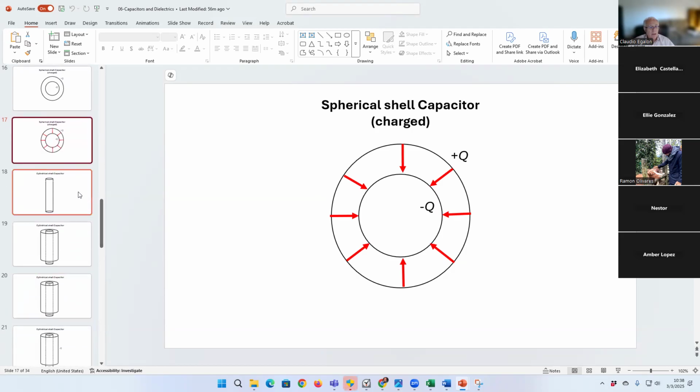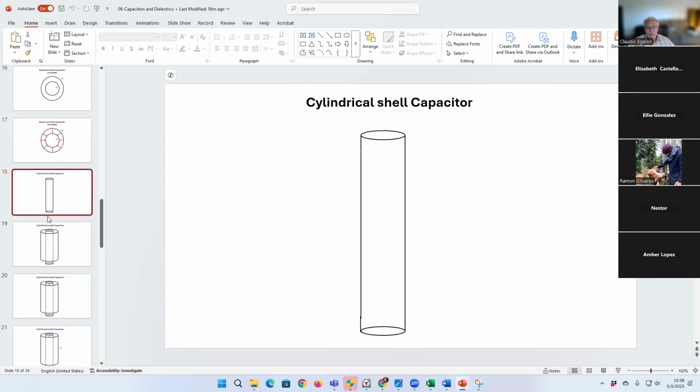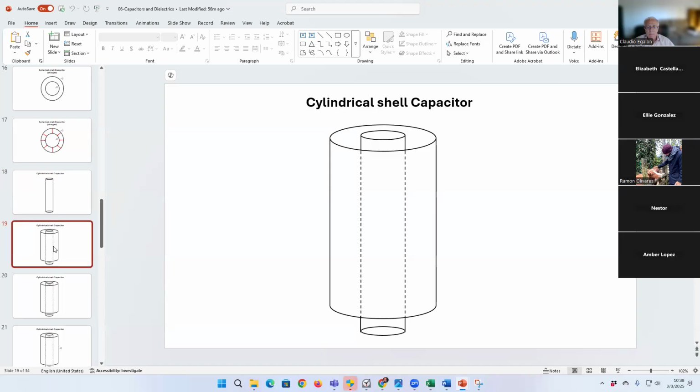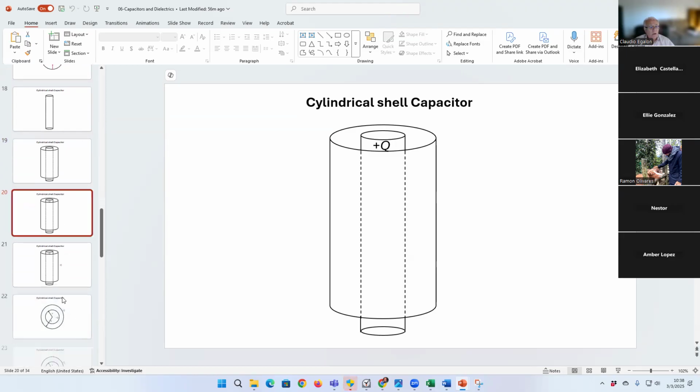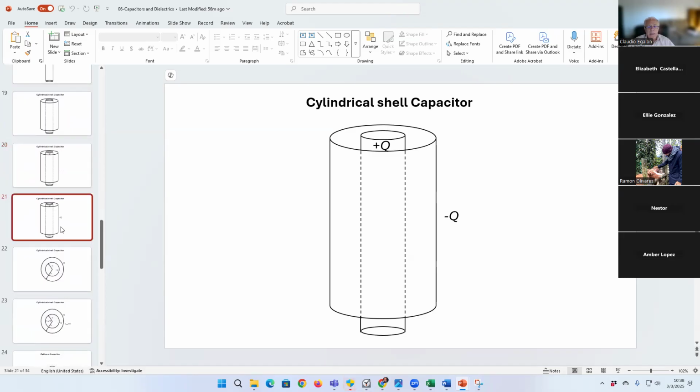Which other one? We have the cylindrical capacitor. One cylinder concentric with another one. Cylindrical shell capacitor. Right now, again, this capacitor is uncharged, but I can charge it if we connect one cylinder to the positive of a battery and the other one to the negative of the battery.